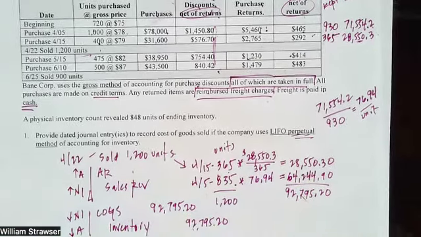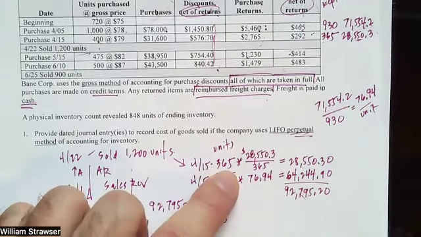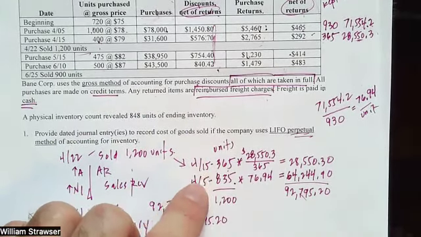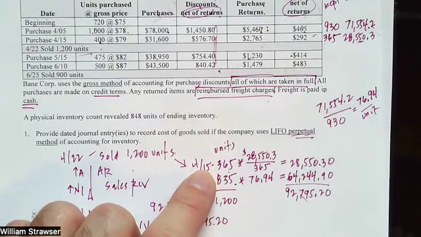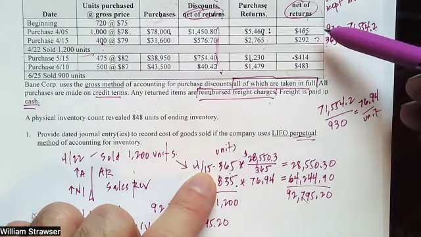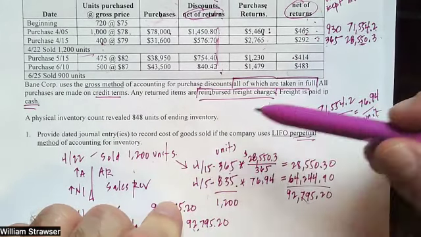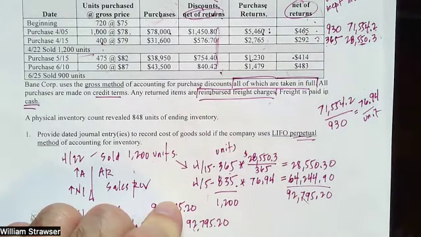What I tend to do is allocate a number of points within this calculation. For example, pulling the correct units first. So, for example, we're doing LIFO. You need to grab the April 15th layers first, not the beginning inventory. Okay, well, if you grab those first, that is an indication you know something.